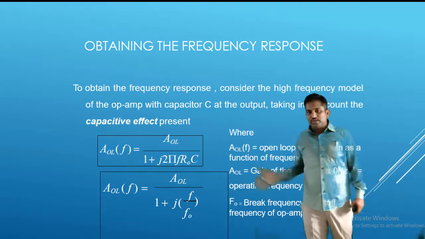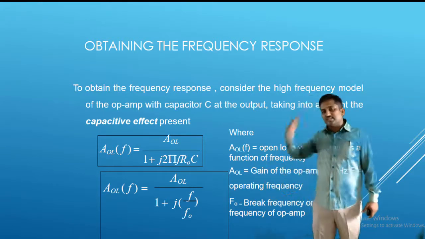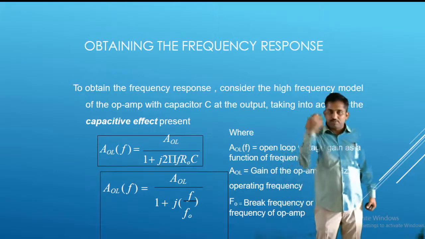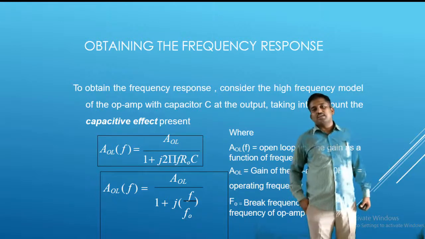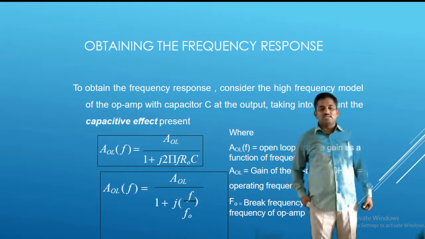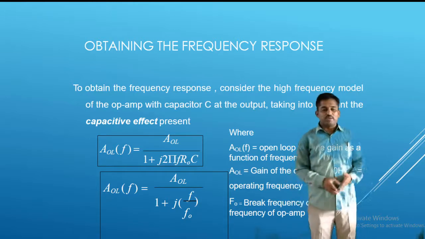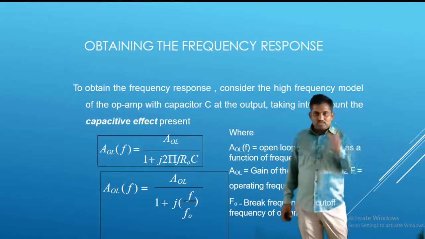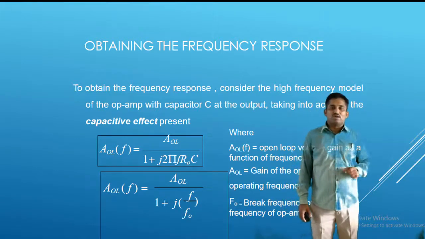After the break frequency, the gain decreases at a rate of 20 dB per decade or 40 dB per decade, depending upon the transfer function. But in this case, the gain decreases by minus 20 dB per decade. So 0 to f0 is nothing but the bandwidth of an op-amp.